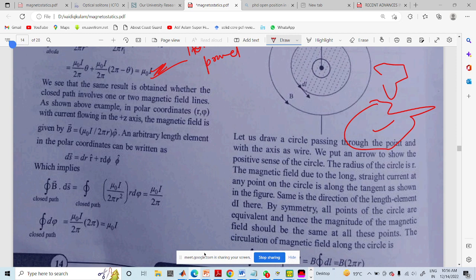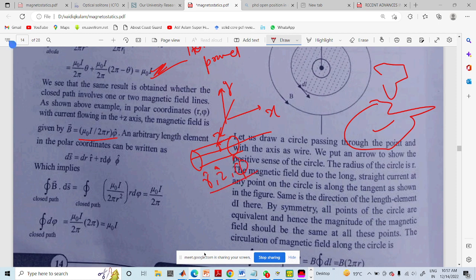so here the field is given by mu naught I upon 2 pi r in the phi direction. About that phi, I have to say something. Like the Cartesian coordinate system, where we have x, y, and z, similarly we have a cylindrical coordinate system, in which we have r, z, and phi.